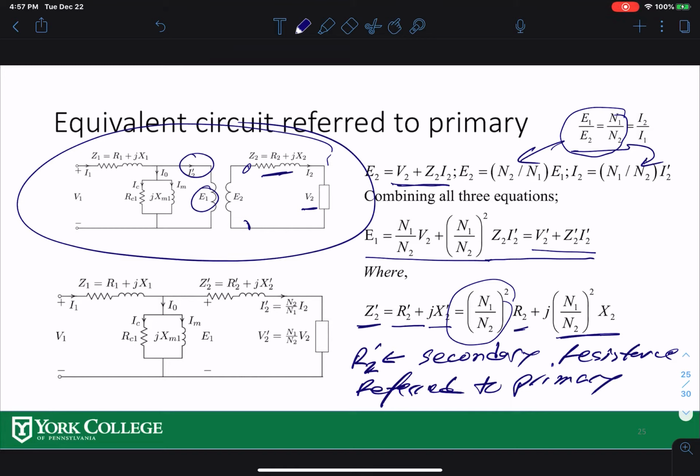Now, if you look at this diagram over here, there is no secondary anymore. Everything in the secondary was referred to the primary, right? And also your voltage, current, everything is referred to the primary. So the whole transformer is now referred to the primary. Okay, there is no secondary anymore. So Z2 prime is the whole impedance referred to the primary, and I2 prime and V2 prime, everything goes to the primary now.